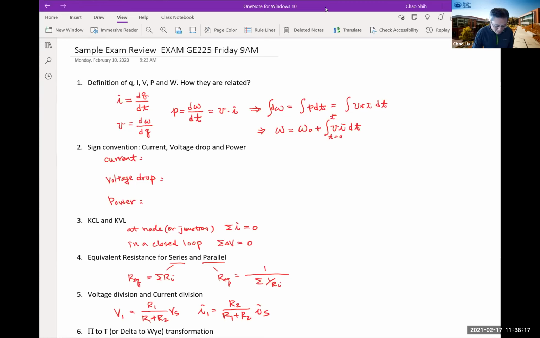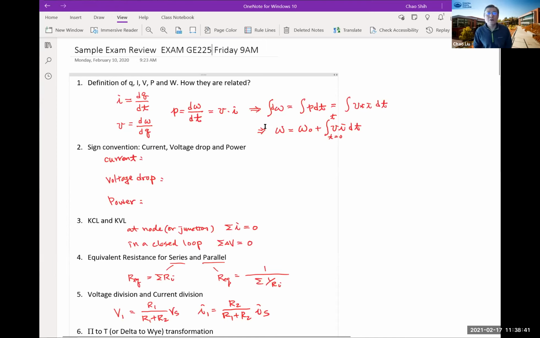So these are the basic definitions that you should know because that's something that you learn in physics as well. Then pay attention when you do integration. When you do integration, you're supposed to have an initial value.